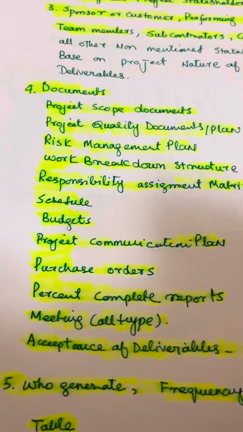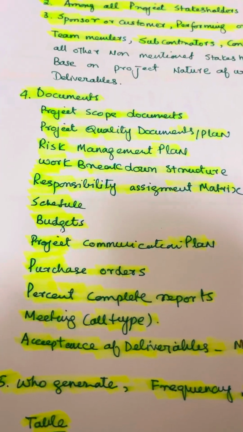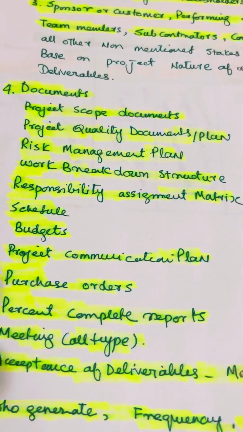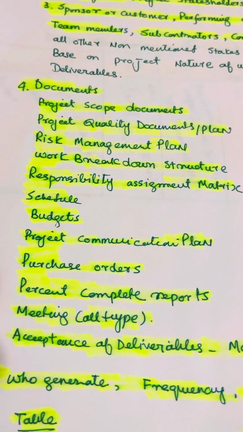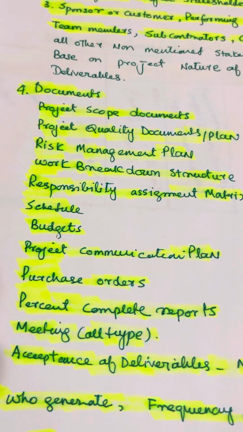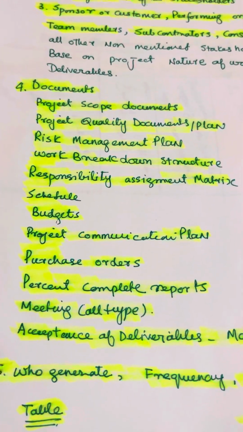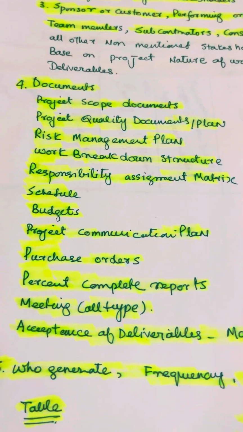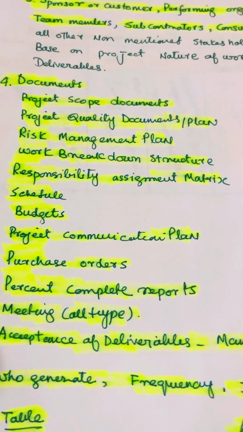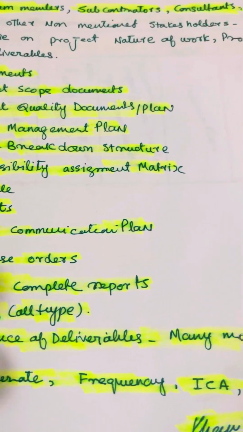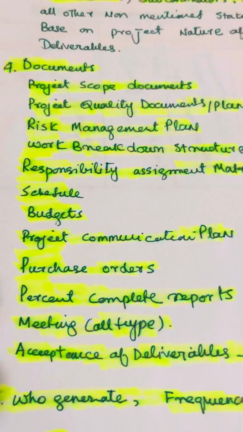You just have to put in the data according to your project, what you are doing. Percent complete reports, all types of meetings, review meetings, and progress meetings to check the progress. Acceptance of deliverables and many more.